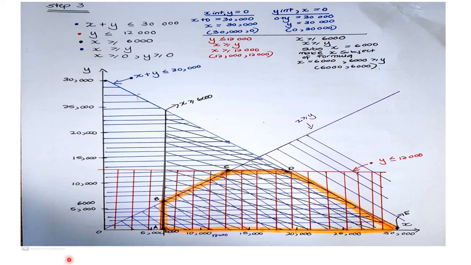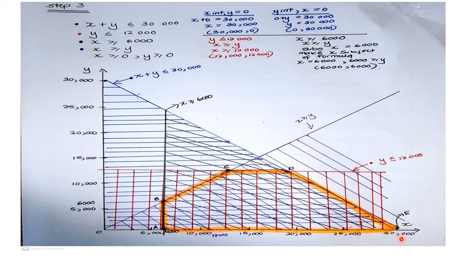A would be 6,000 and 0. B would be 6,000 and 6,000. C would be 12,000 and 12,000. Point D would be 18,000 and 12,000.